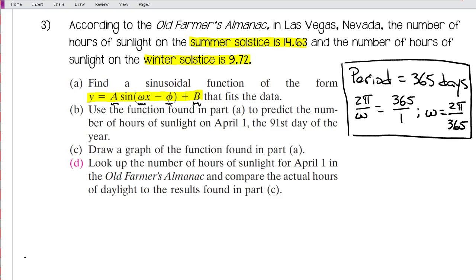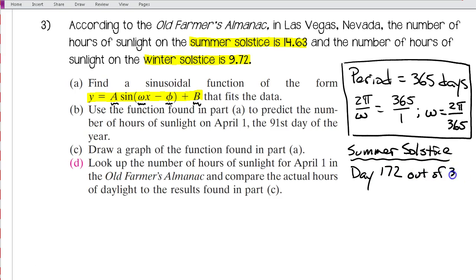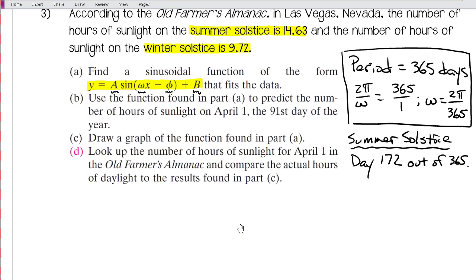So when we're looking at this summer solstice, we're going to estimate this to be day 172 out of 365.